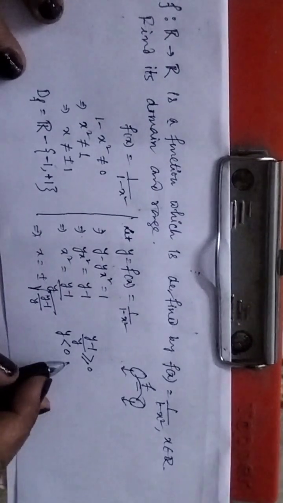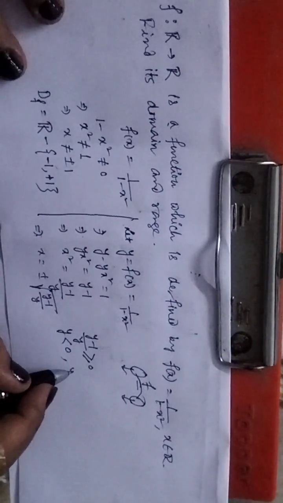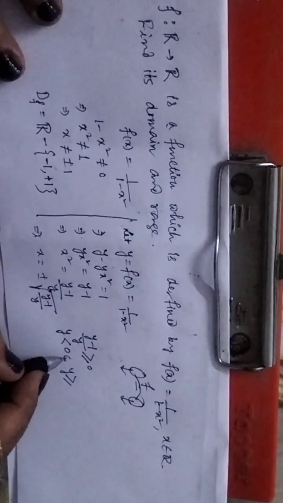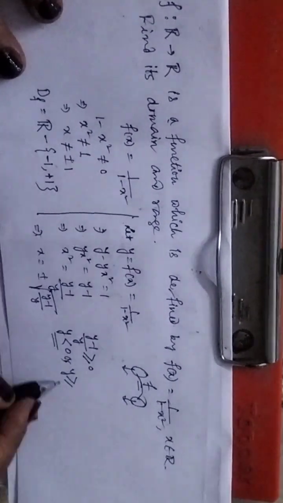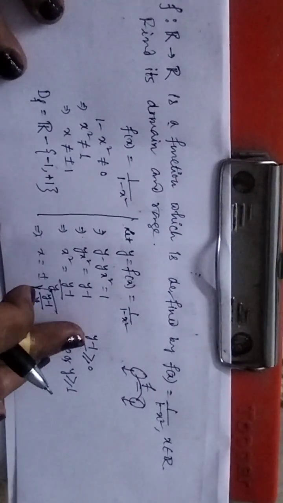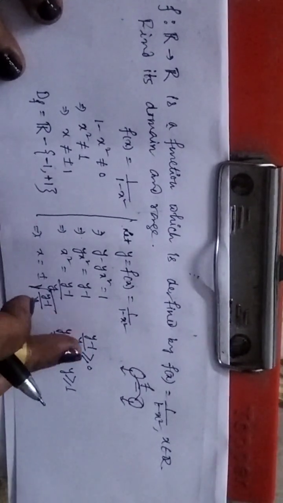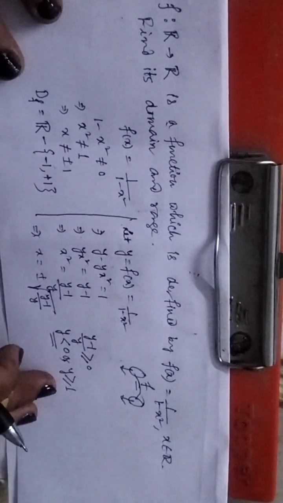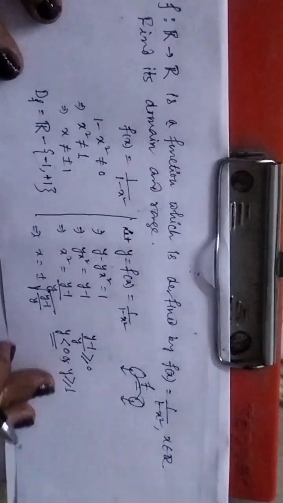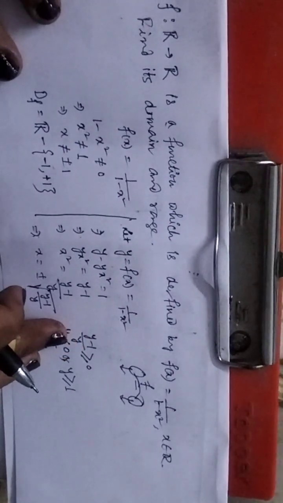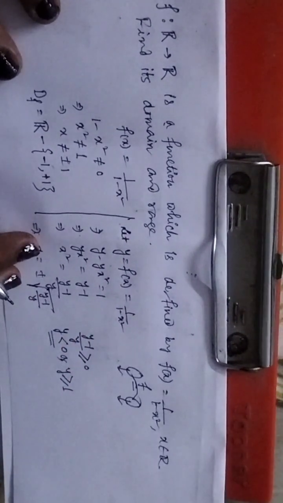And at the same time, y can be greater than or equal to 1. If y equals 1, then 1 minus 1 gives 0, so 0 by 1 gives 0, and the equal to 0 condition is satisfied. And if y is greater than 1, suppose 2, then 2 is positive, 2 minus 1 is positive, so this will also be greater than 0.